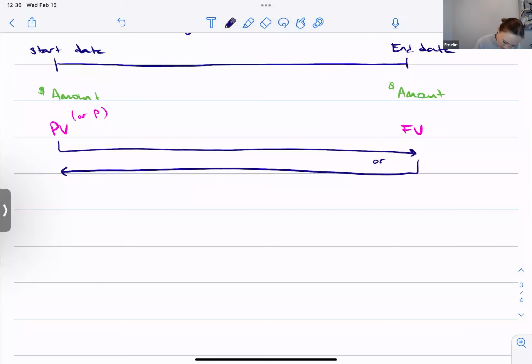So solve for the future value or solve for the present value. And usually we have the time on the arrow.